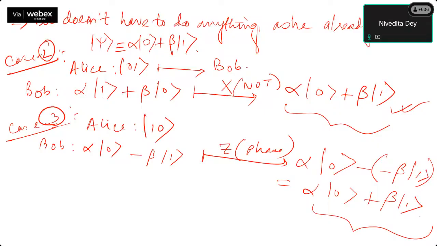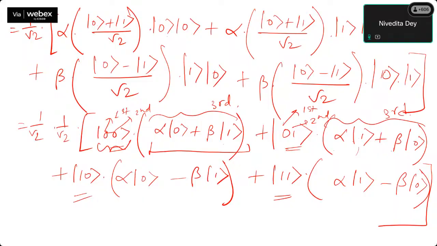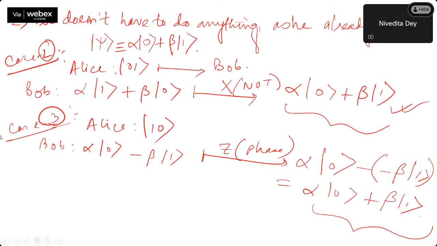Then the fourth case is where Alice has 11.